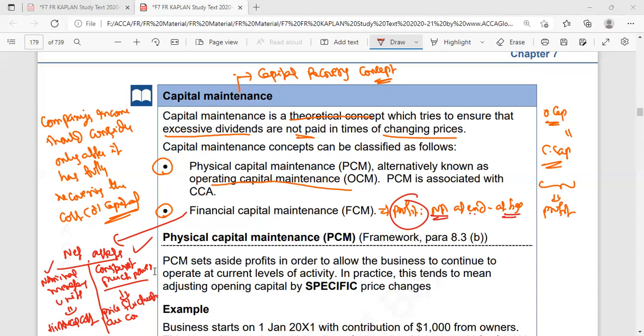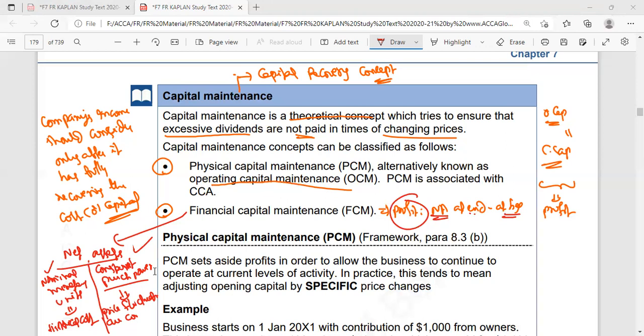But coming to physical capital maintenance, it is not concerned with costs associated with actual maintenance required on tangible items such as equipment, our property, plant and equipment. It does not relate to the physical availability of the assets.